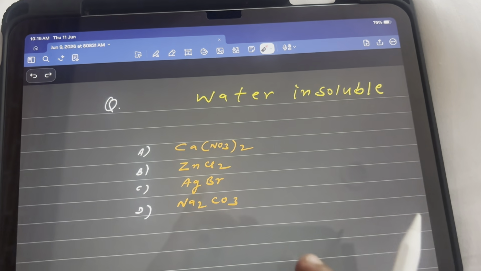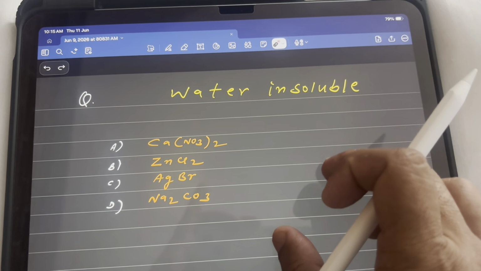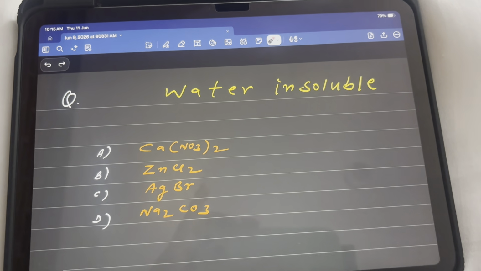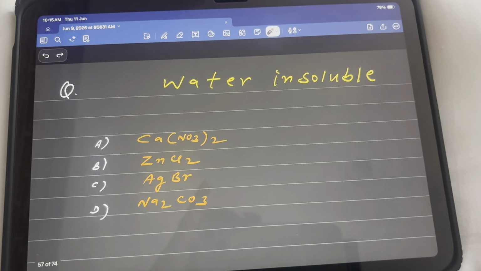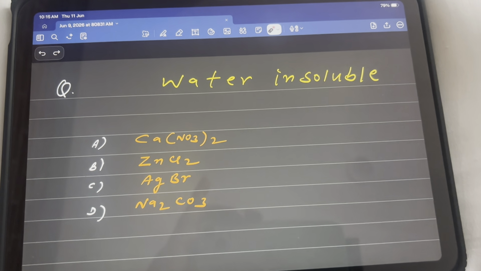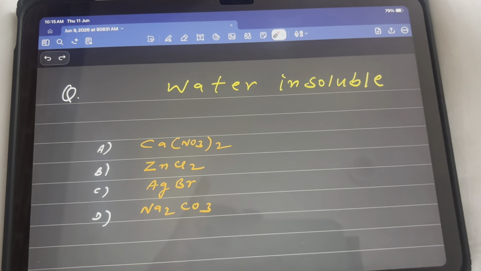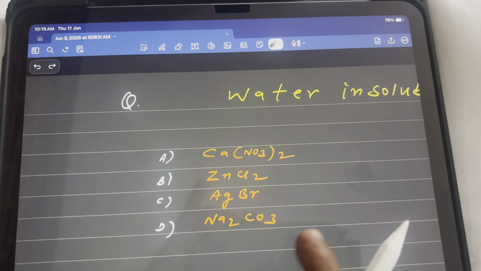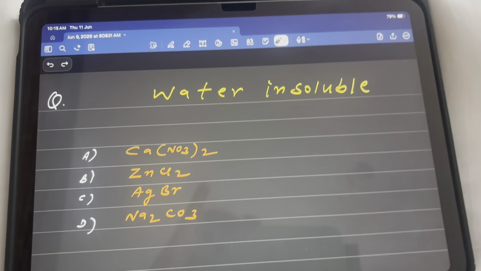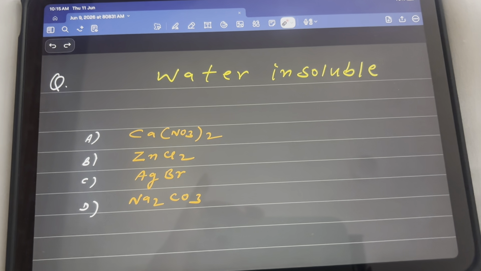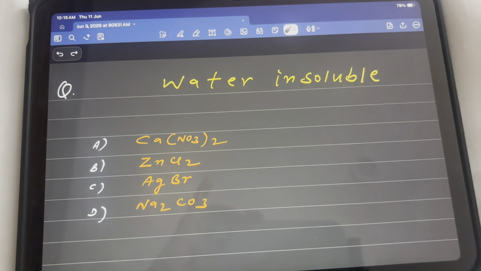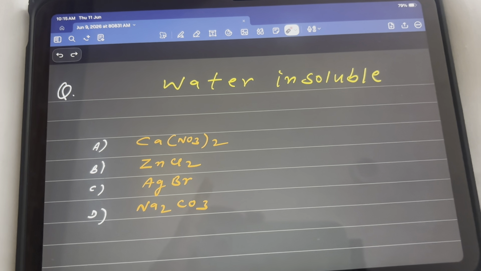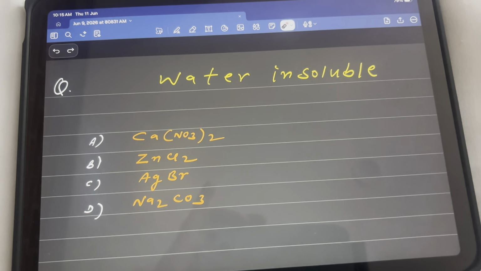Now another question on your screen. Which is not soluble in water? So the answer is AgBr. All halides are soluble in water except silver, copper, lead.